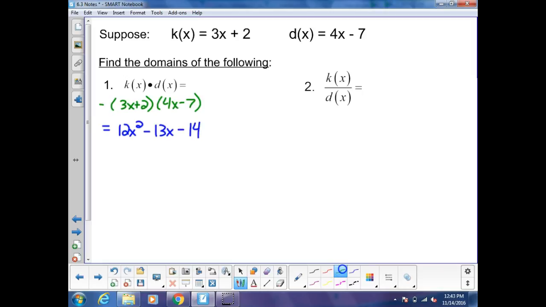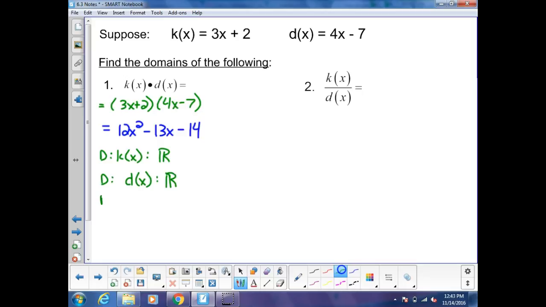Now I've got to look at finding the domain here. I've got to look at the domain of K. What's the domain of K? All real numbers. What's the domain of D? All real numbers.